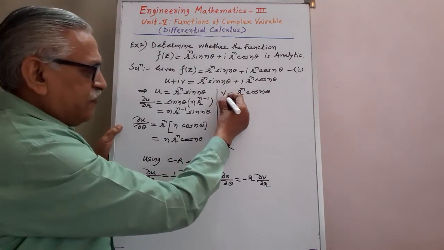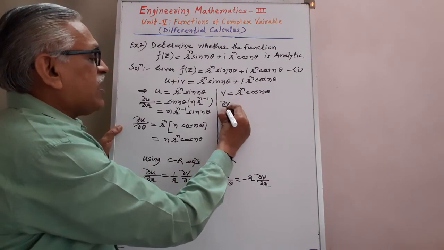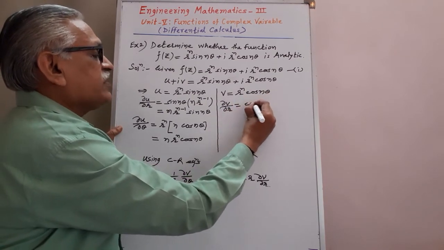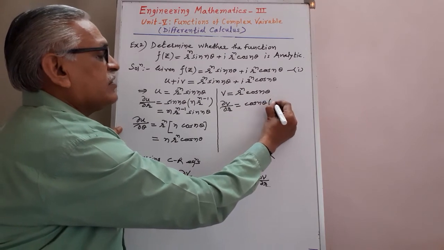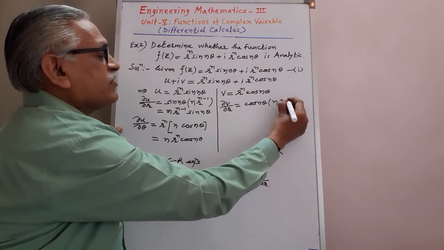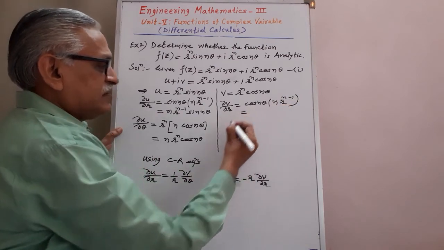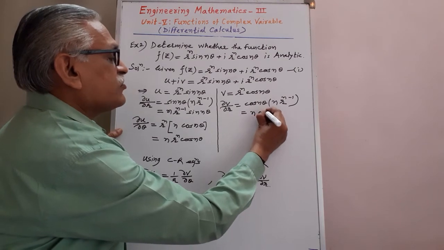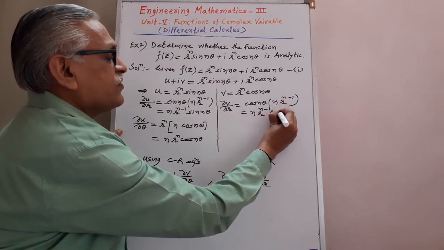Then differentiating v also with respect to r and theta. First with respect to r, keeping theta constant, therefore cos n theta is constant term. Derivative of r raised to n is n r raised to n minus 1, and nothing but r raised to n minus 1 into cos of n theta.